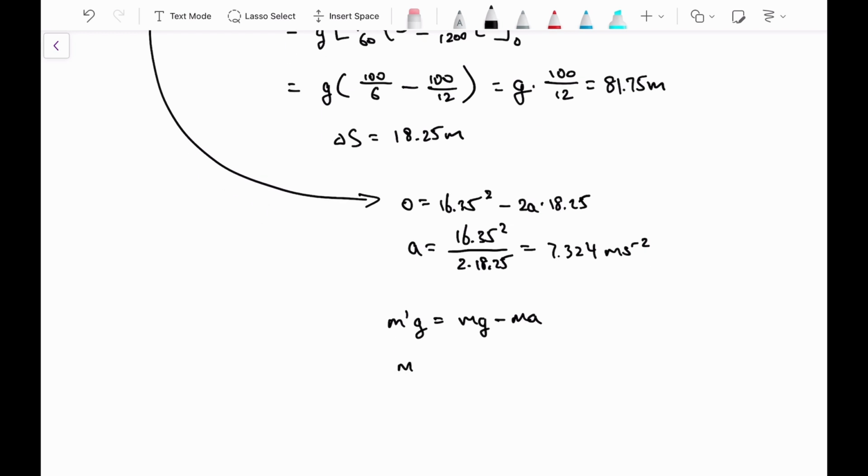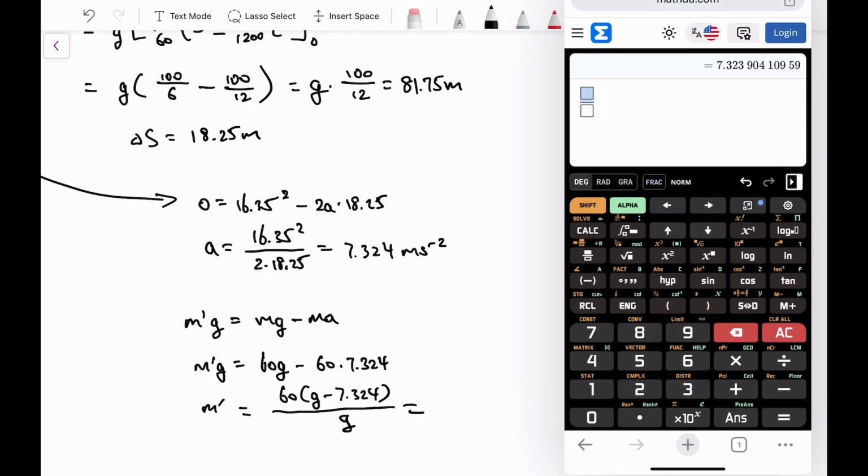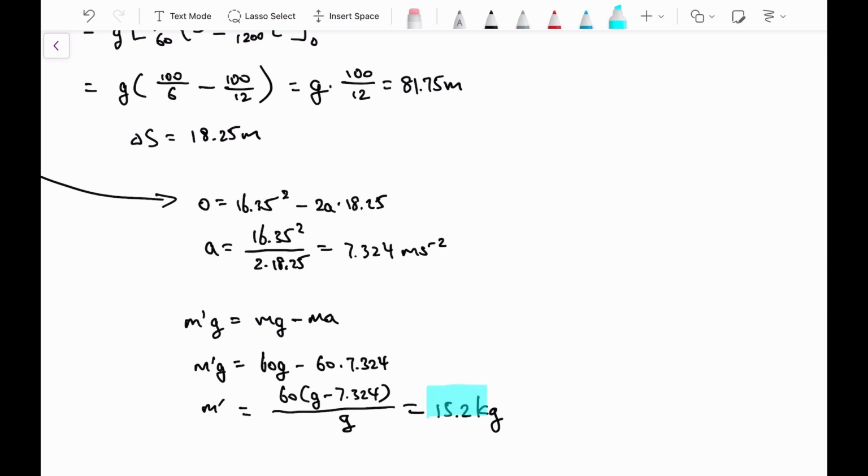So the initial mass 60g minus m times acceleration, and this is equal to 60 times 9.81 minus 7.324 over 9.81, and it gives us 15.2 kg, and this will be the answer for the first question.